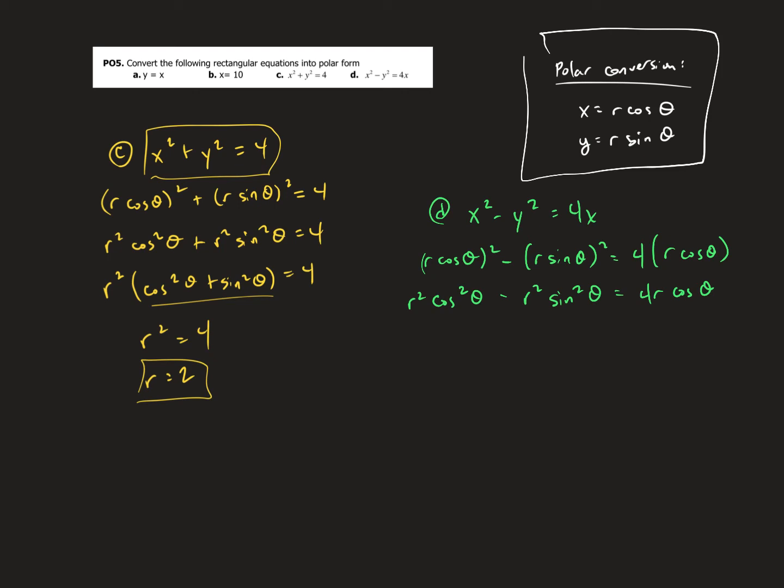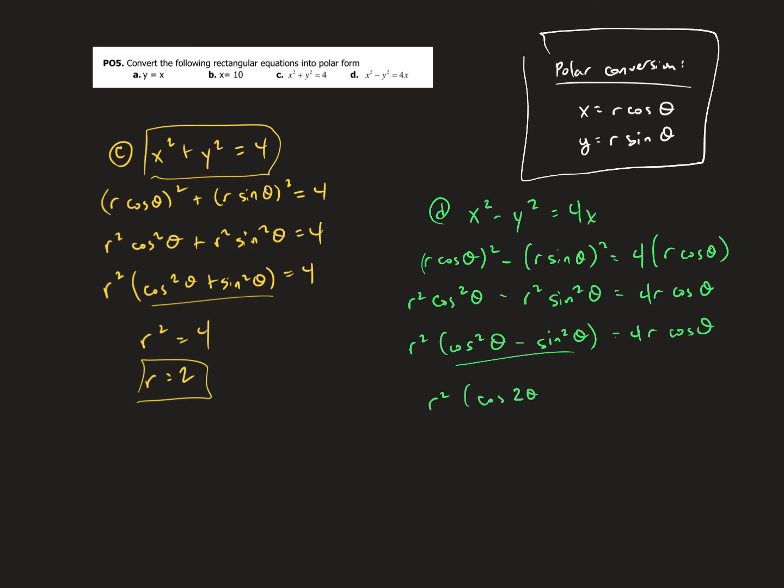We're going to factor out an r squared. And then we're going to use an identity, but this time cosine squared minus sine squared isn't 1, it's cosine 2 theta.